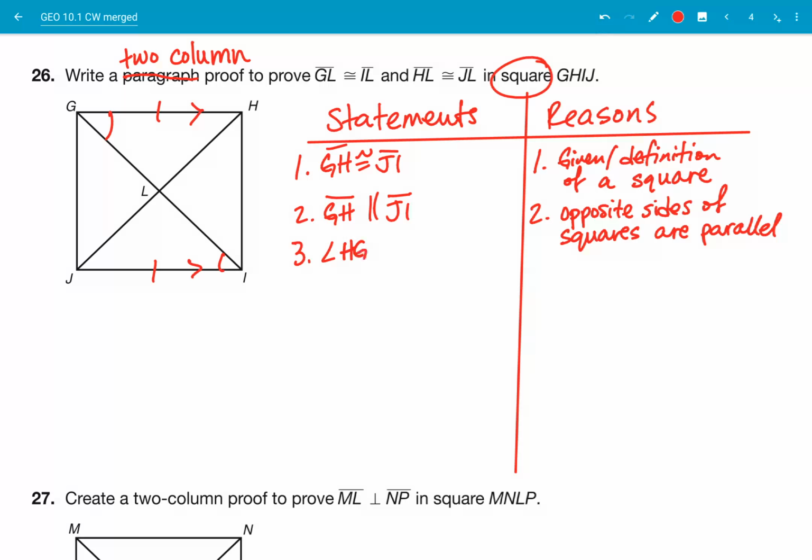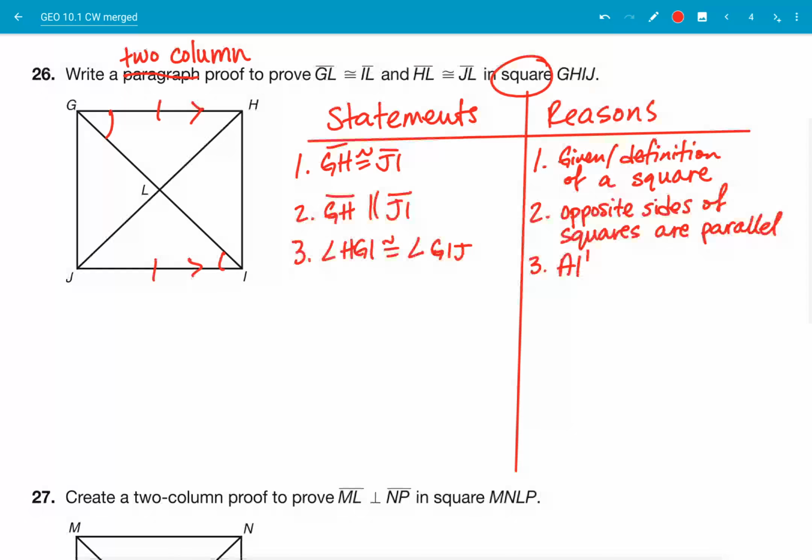Those are alternate interior angles. Alternate interior angles theorem.